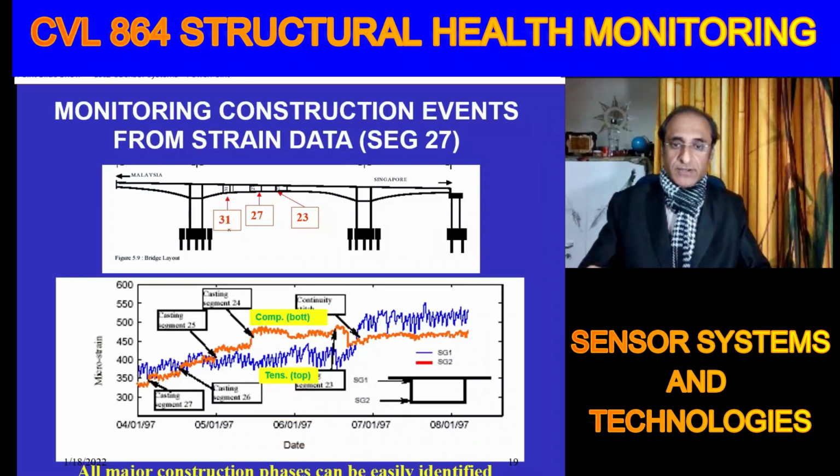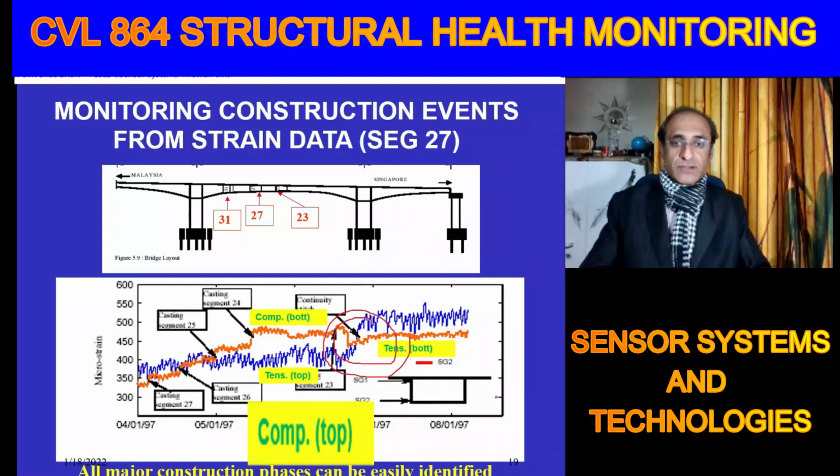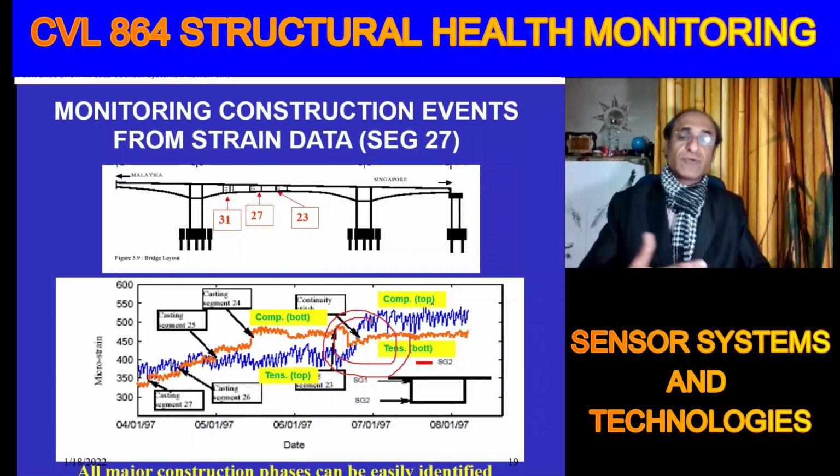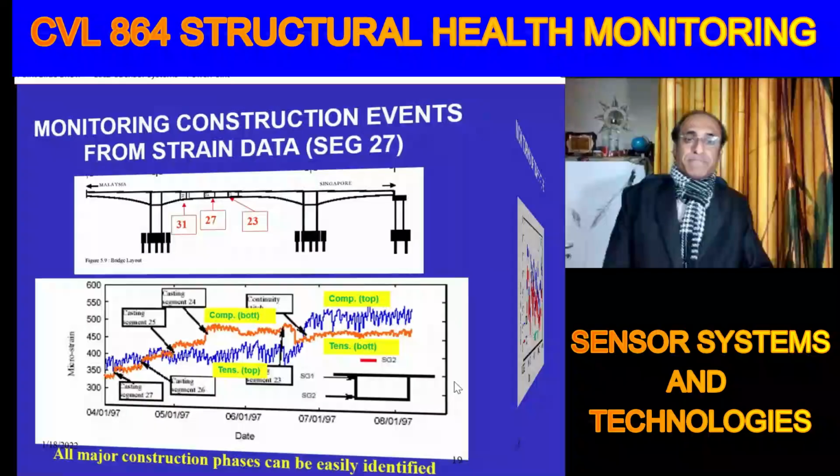When the continuity stitch was done, one can see the change in relative positions. What was in compression has gone into tension, and vice versa. This gave very clear information that the continuity stitch has taken effect.